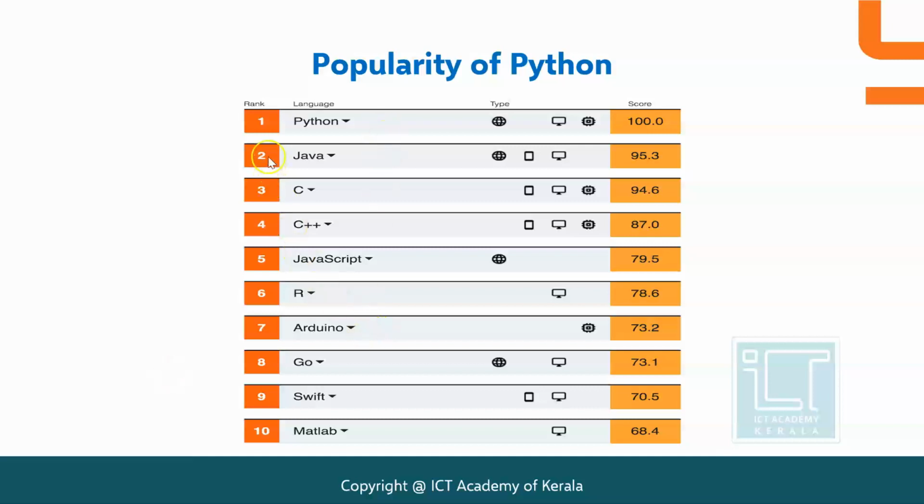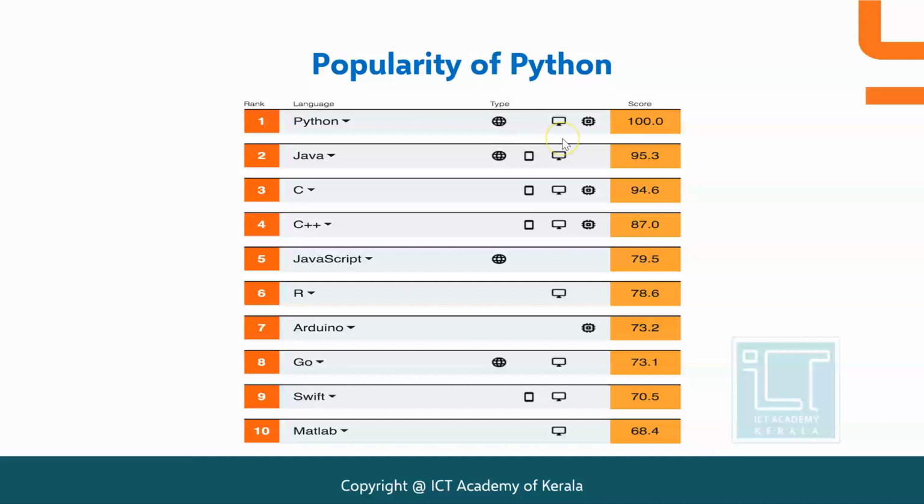In this table, you can see the ranking, language, type, and scope. So, what is this type? You can see three different symbols here, right? So, this first symbol means you can use Python for web application development.